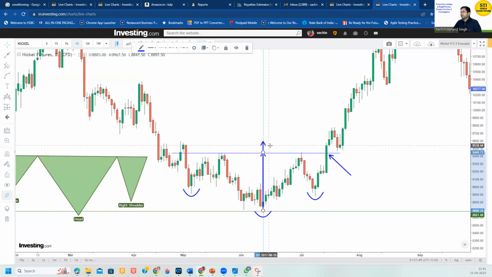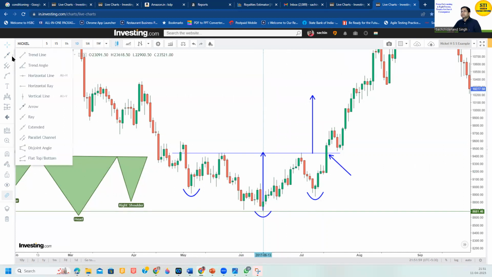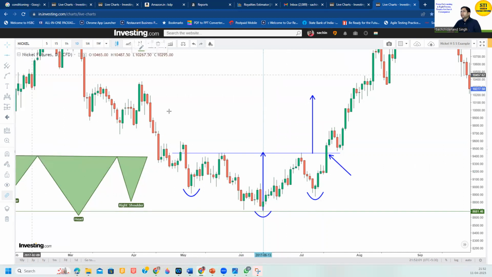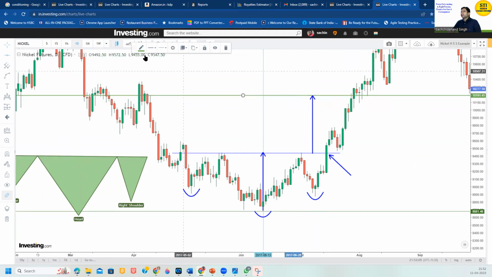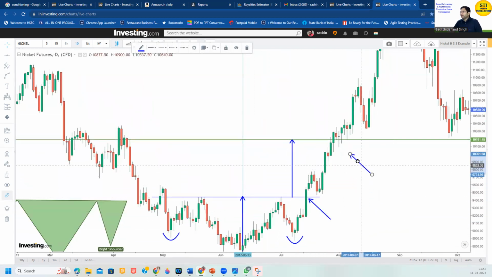So I'm just cloning it, copying and pasting, and I will keep it from the start of the neckline. Then on the top of this arrow, maybe I'll put one more horizontal line, a green horizontal line or trend line, and that would be the first target. Again, one can watch out for further movement.